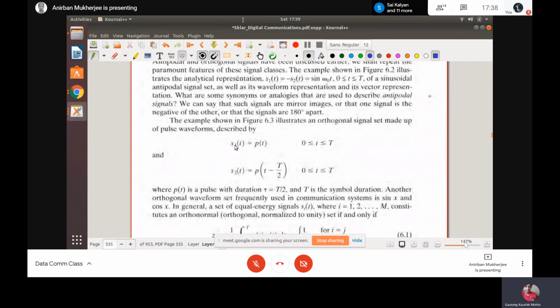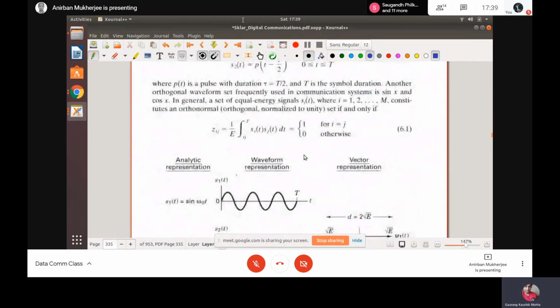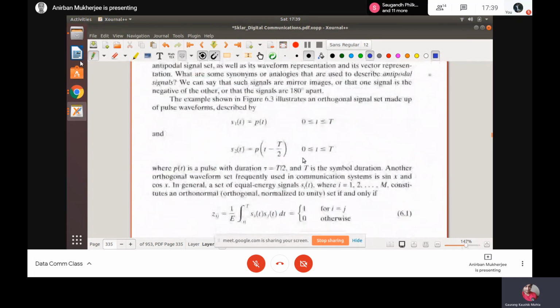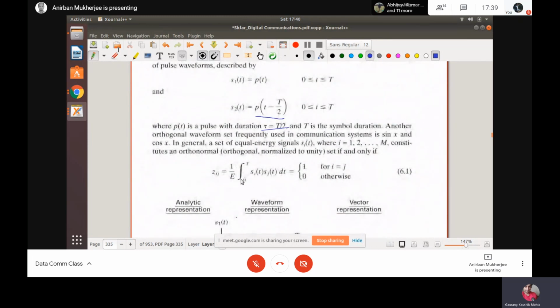This S1(t) is basically one pulse, and another is a half-period delayed pulse, S2(t). And they are basically orthogonal sets. If I calculate the integral of S_i(t) S_j(t) dt, with p(t) from 0 to T and p(t - T/2), that is also 0 to T.